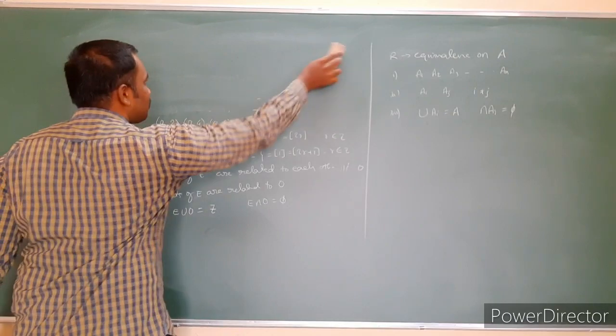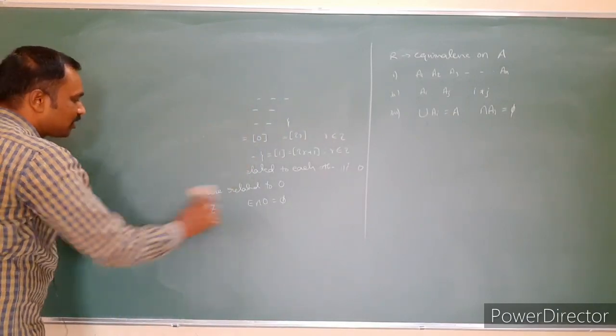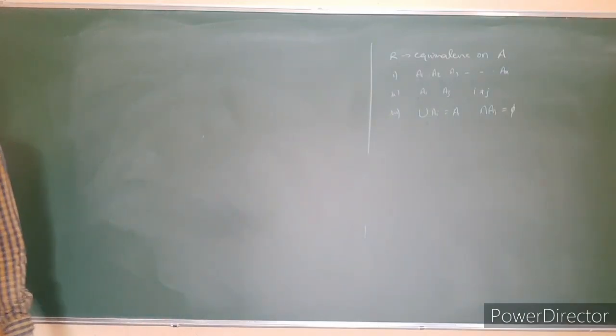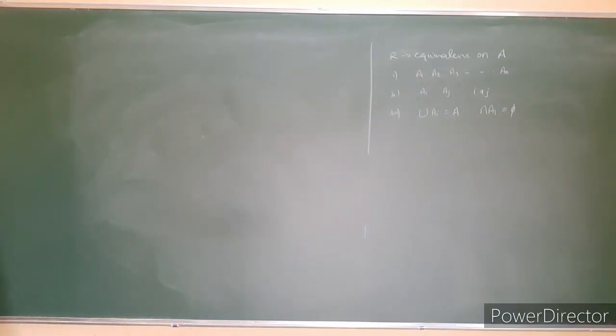Now, based on this definition of equivalence class, let's take one example of how to find the equivalence class. First of all, the given relation should be an equivalence relation.